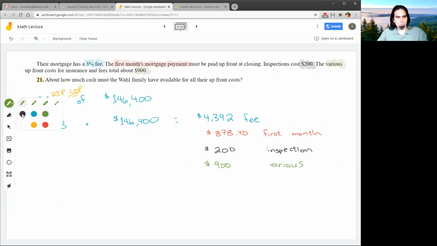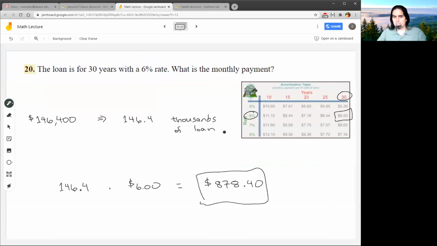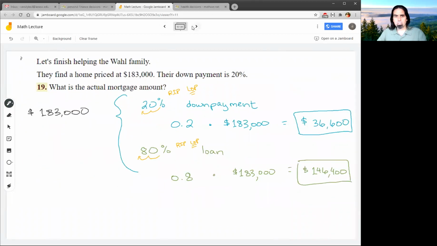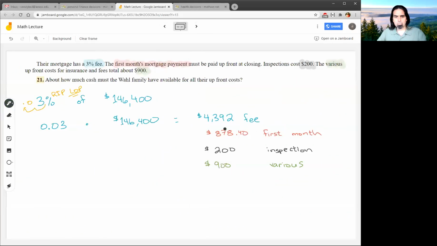And we'll add that all up. Oh, and we forgot the 36,600 for the down payment.